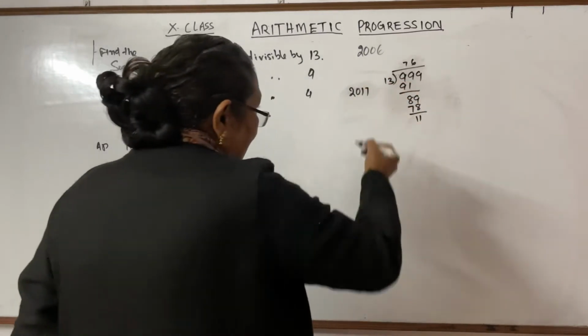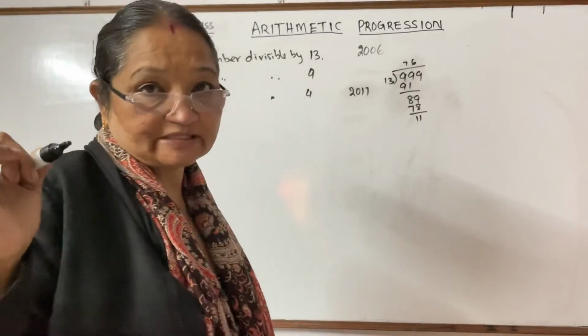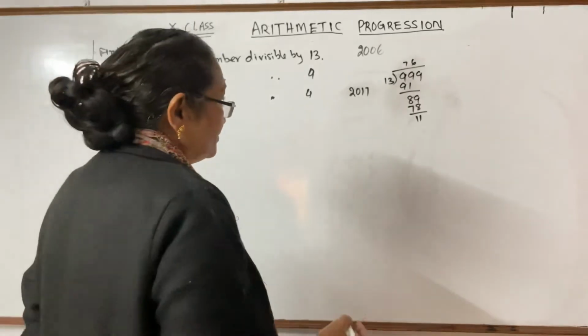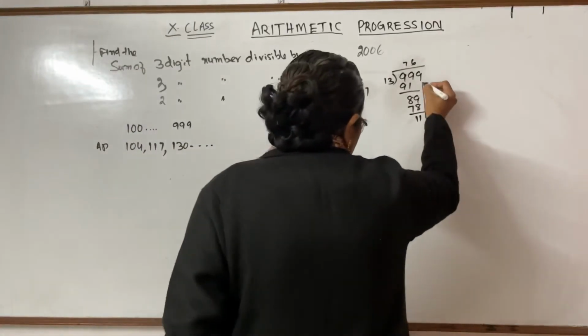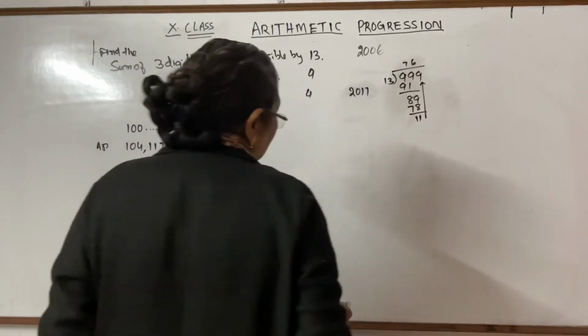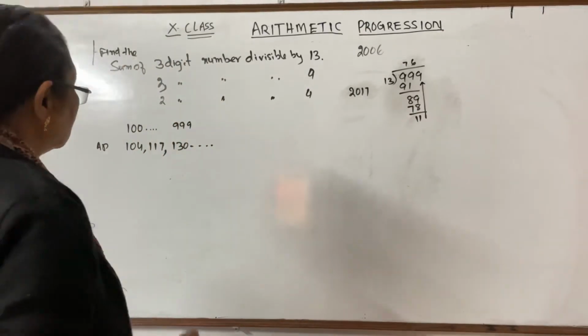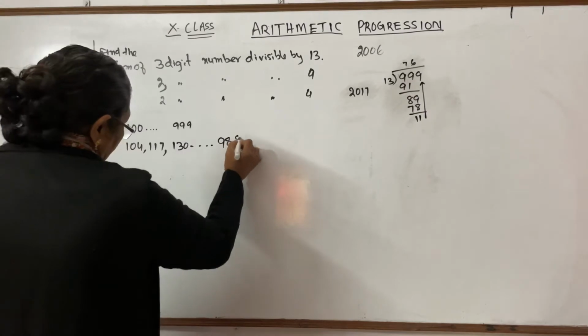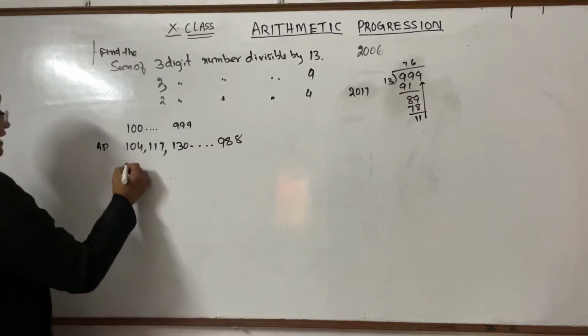So you can't add here. If you add, it becomes a 4-digit number. So therefore subtraction. In case of subtraction, you go straight. So 999 minus 11, that will become 988.